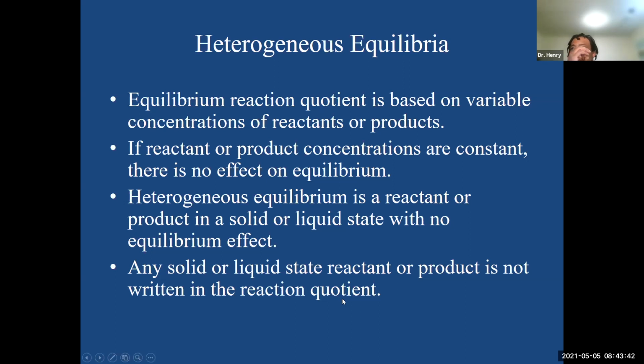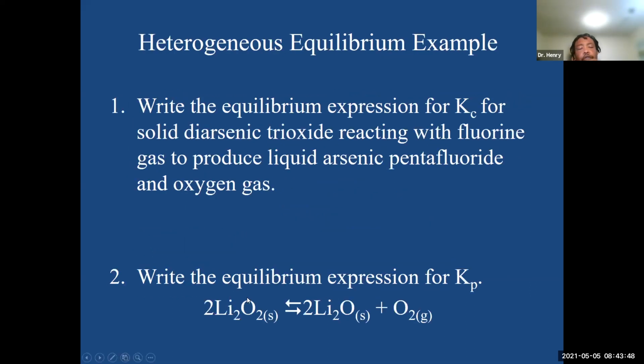Okay, so again, you're not going to be basing it on liquids or solids. If we're going to write the expression for the equilibrium constant, what would it be in this case?